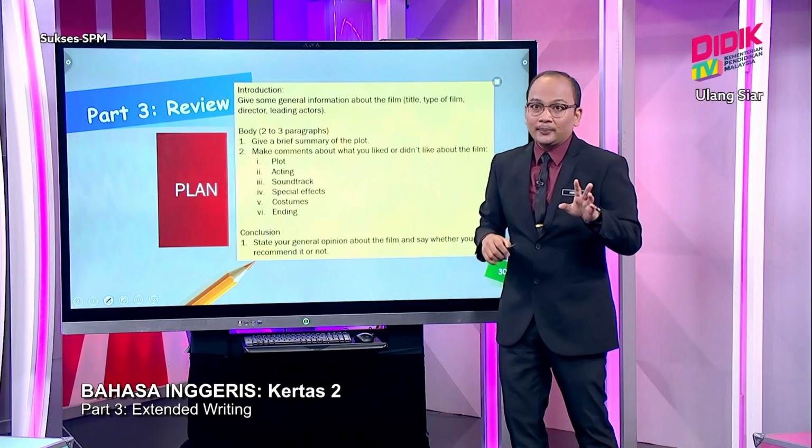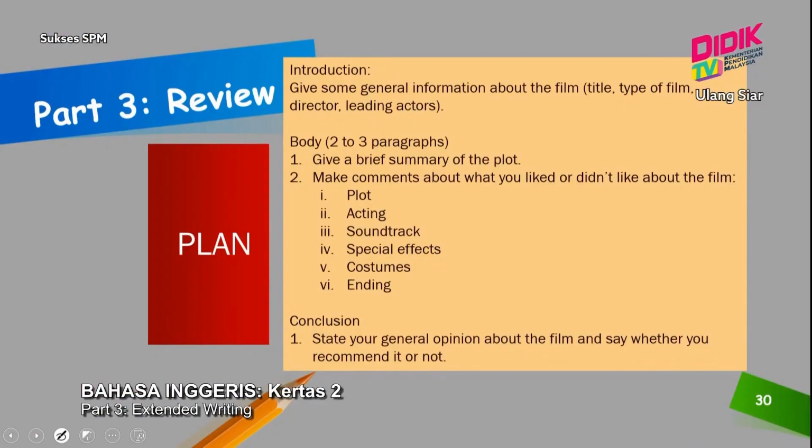Now I'm going to show a little bit on all the writing. For review, for example, you must have your introduction. This one is reviewing a film. In the body, two paragraphs, you give a brief summary of the plot and make comments about what you like or didn't like.